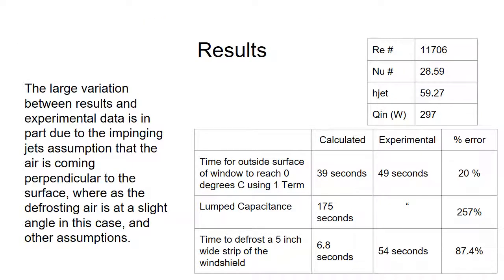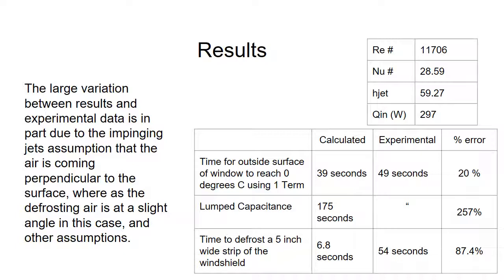These are all of our results. Given the airspeed coming out of our heater, we got a Reynolds number of 11,706, a Nusselt correlation of 28, and an h value of 59, which matches up with the table in our book for h values for forced convection in gas. Using those values, we calculated a Q from our heater of 297 watts.